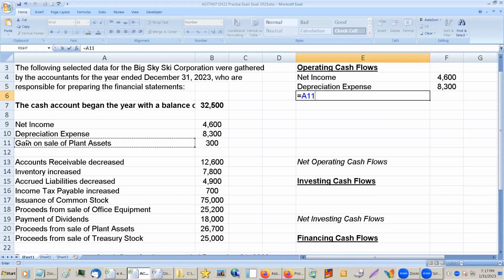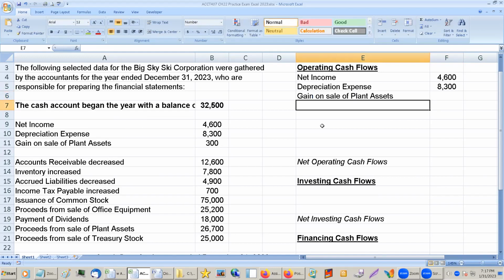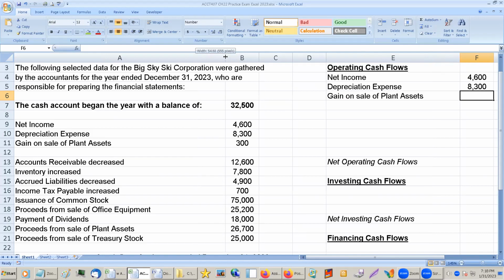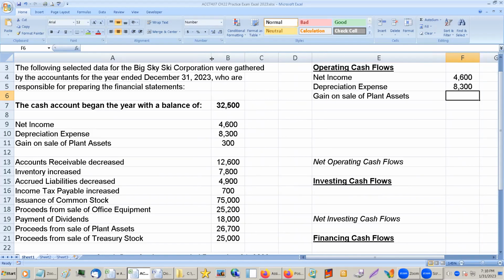Gain on sale of plant assets. Plus or minus? Minus. Yep. Yeah, another one of the weird things, gains are subtracted, losses are added, because we're going to move it into a different section.